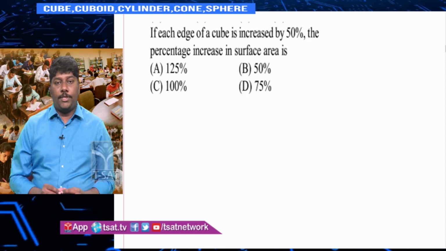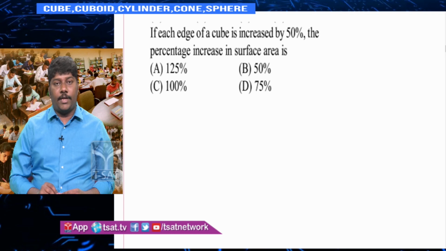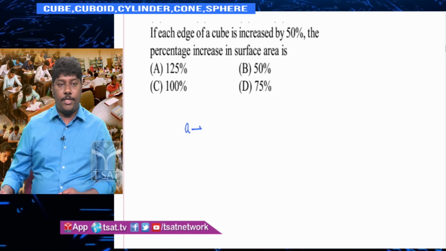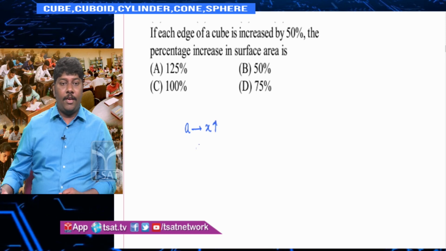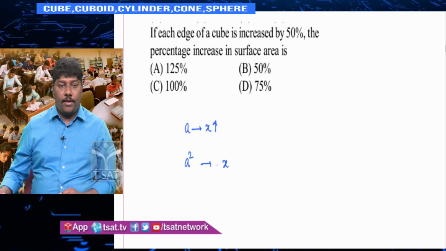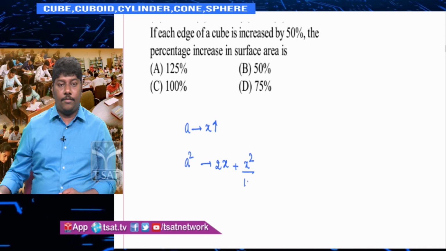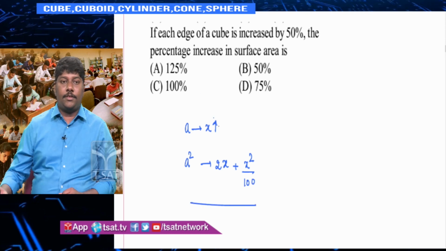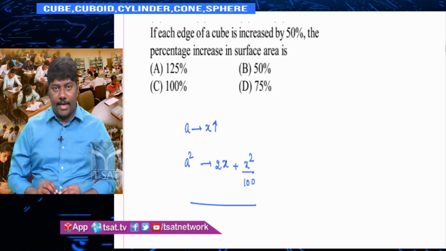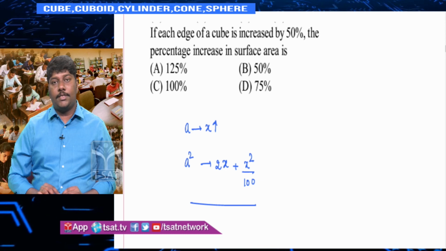If the edge of the cube is increased by 50%, then the percentage increase in the surface area. If edge A is increased by x%, area means a square. A square is increased by 2x plus x square by 100. I am giving you the direct formula. I told you in the basics, now I am giving it as a direct formula. If suppose it decreases by x percentage, the answer is 2x minus x square by 100 would be the decrease in the surface area.